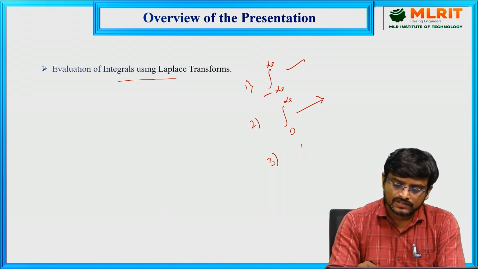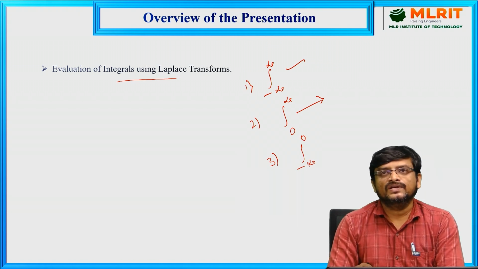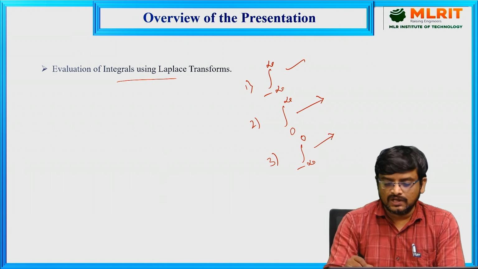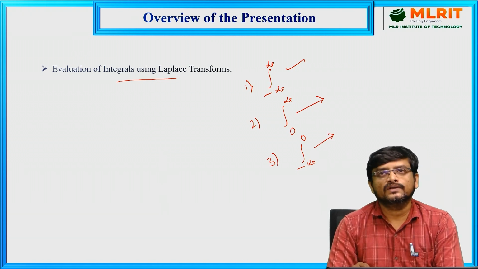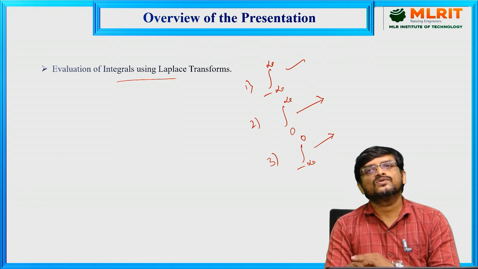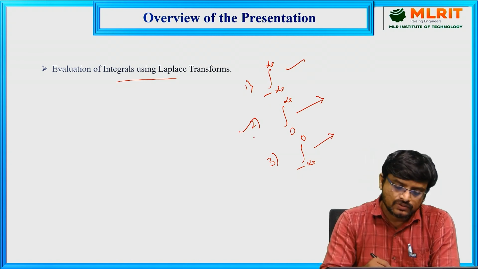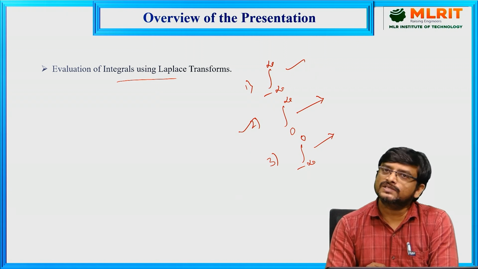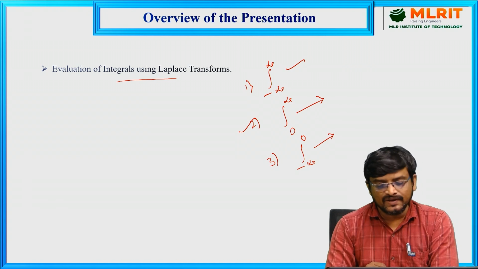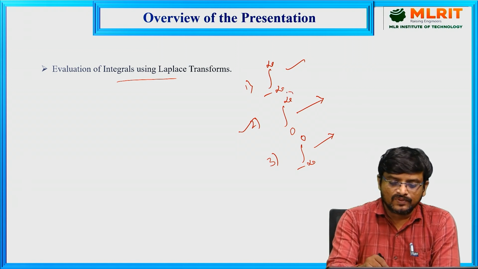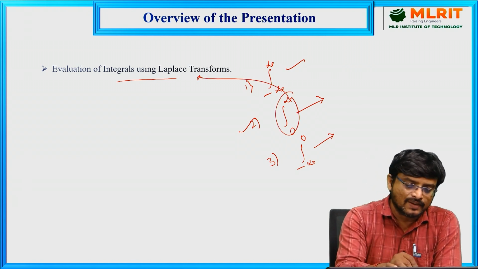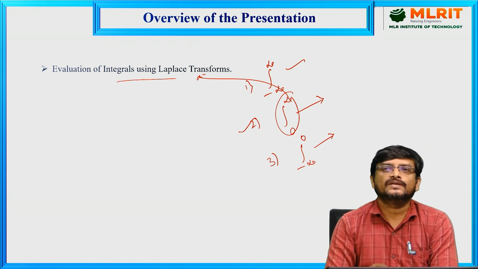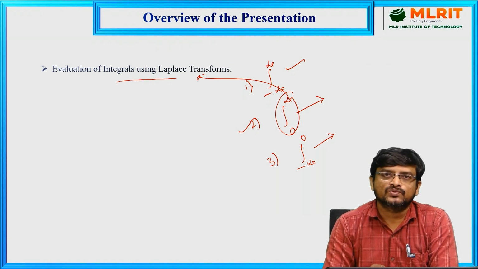Out of all these types, we are going to evaluate the second kind, whose limits are 0 to infinity, that is, the lower limit is 0 and the upper limit is infinity. For this type of integral, we can take the help of the Laplace transform and evaluate these improper integrals.